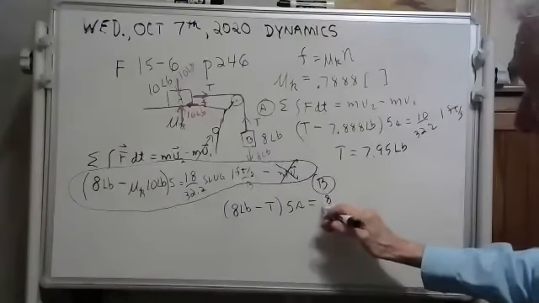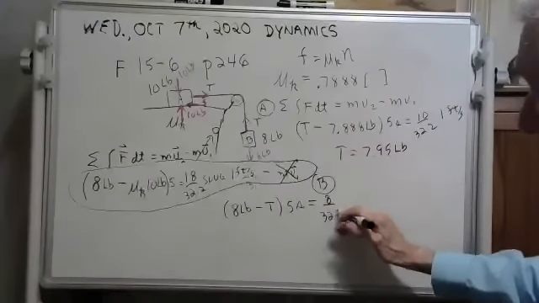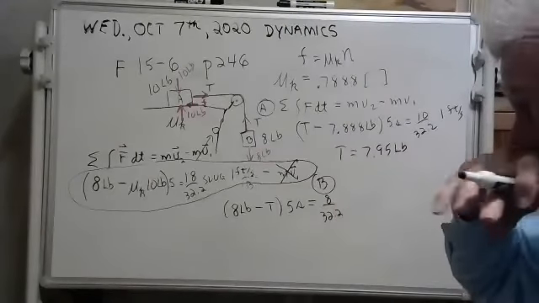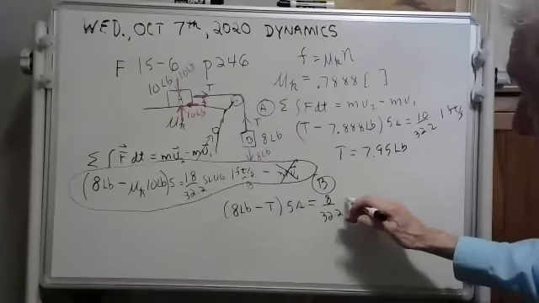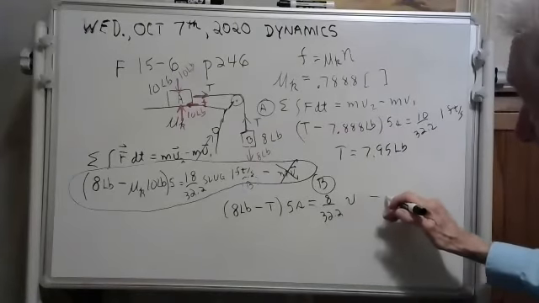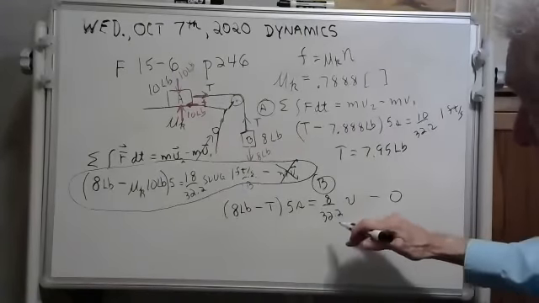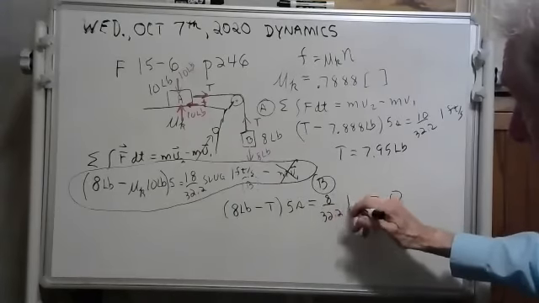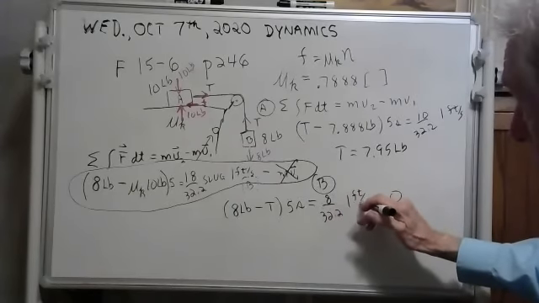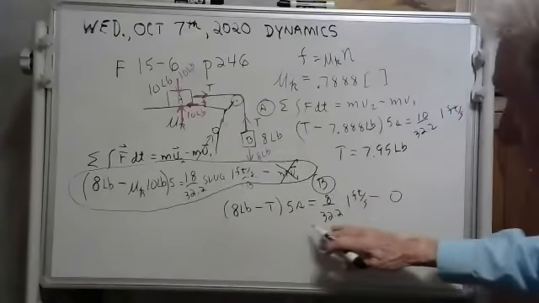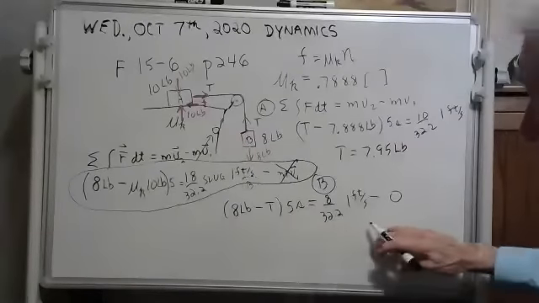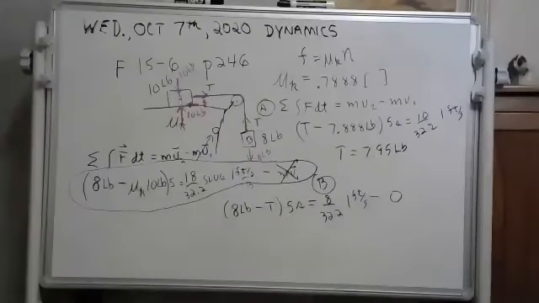It's the 8 pounds. It's got to be in slugs, though. The unit of mass is slugs times your V minus 0, it starts from rest. And we know what it is, 1 foot per second. Okay, guys, plug this in and see what you get for the tension on body B. Go for it.